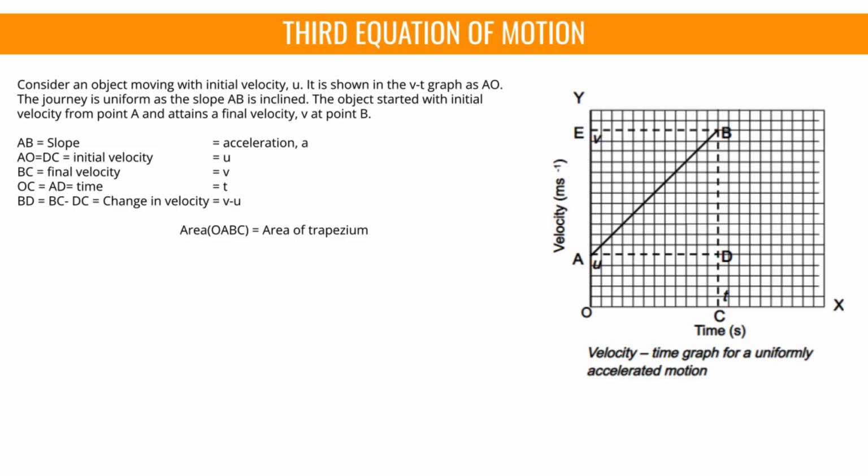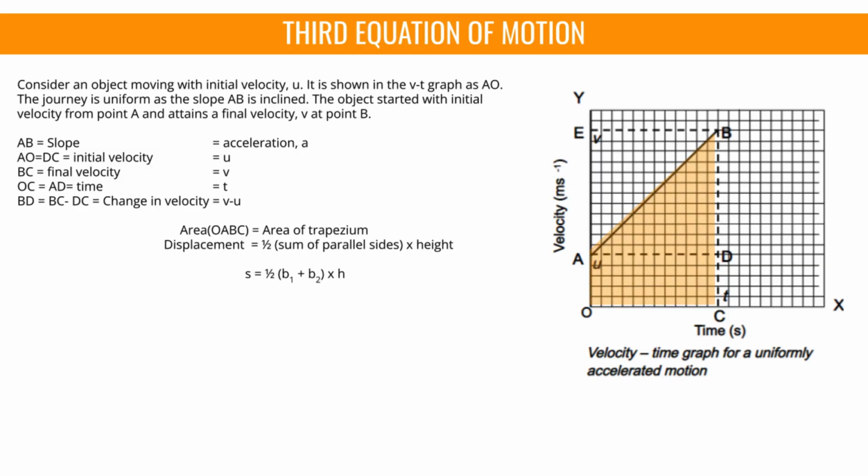Let's take our favorite velocity time graph again. Object starts with initial velocity u, reaches final velocity v in time t. Note, acceleration is uniform. Now look carefully, the area under this graph forms a trapezium. Distance traveled equals area under velocity time graph, which is area of trapezium OABC.